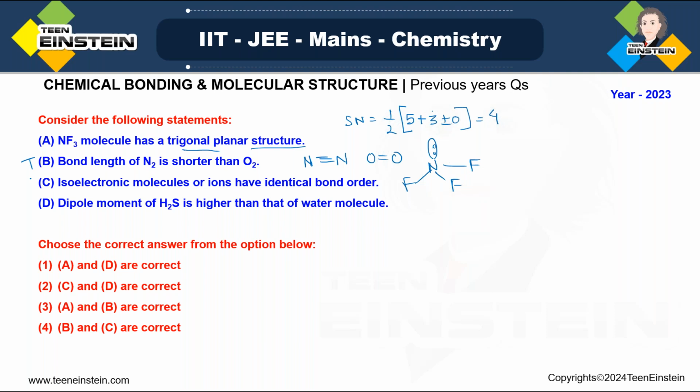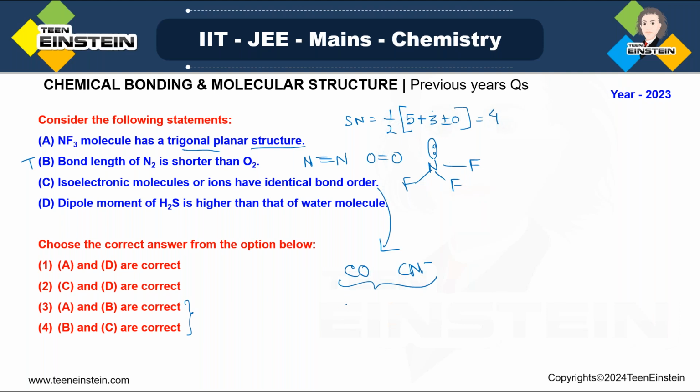Then the third statement is saying... now if B is correct, either option 3 or option 4, we have to choose any of these two. First two are not possible. Isoelectronic molecules or ions have identical bond order. Isoelectronic means what? Just take the example of CO, carbon monoxide, and CN minus. Now these two are basically isoelectronic. How?